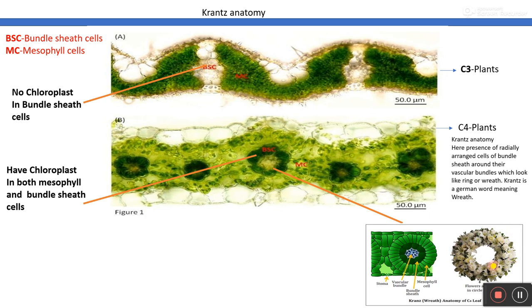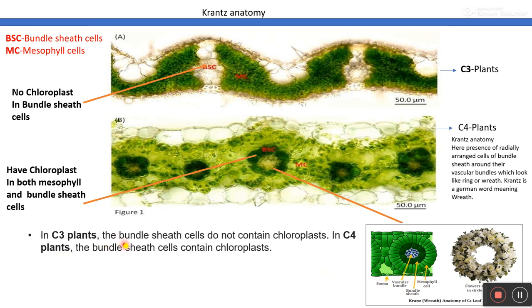And in the German language, the word Kranz means wreath. So that's why the leaf anatomy of C4 plants is known as Kranz anatomy.